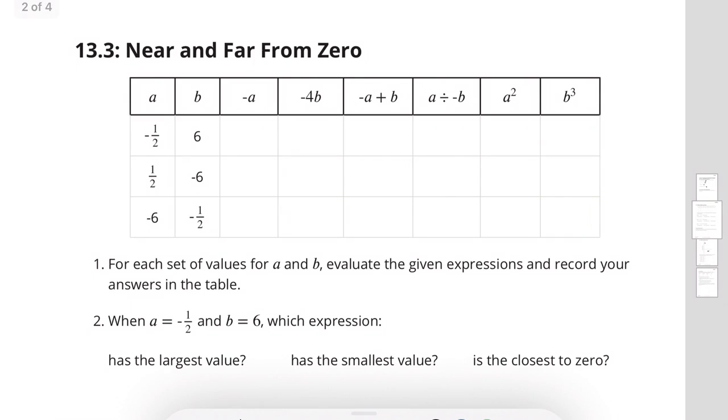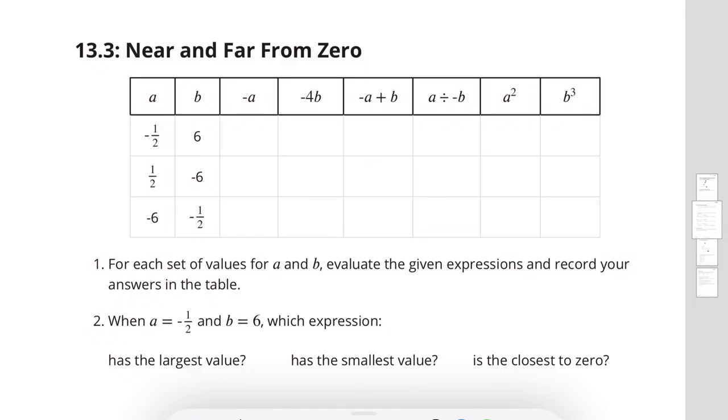13.3, near and far from 0. For each set of values for A and B, evaluate the given expressions and record your answers in the table. So on the first row, we have A equals negative 1/2 and B is equal to positive 6. So what would negative A equal?